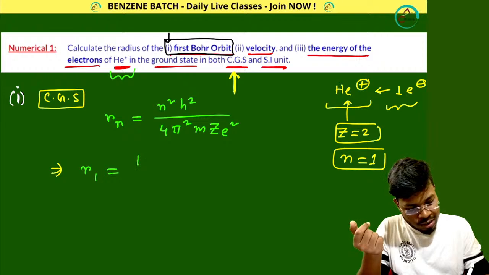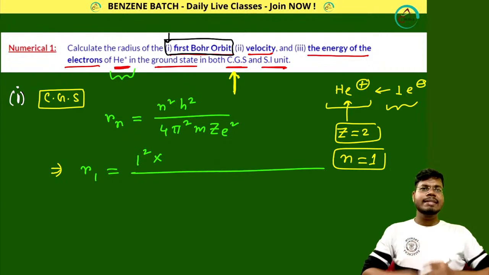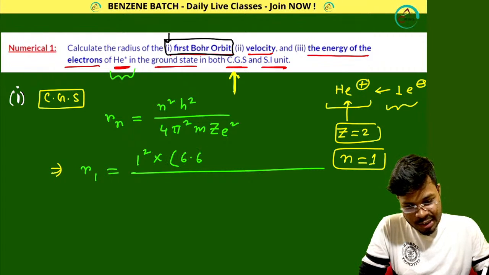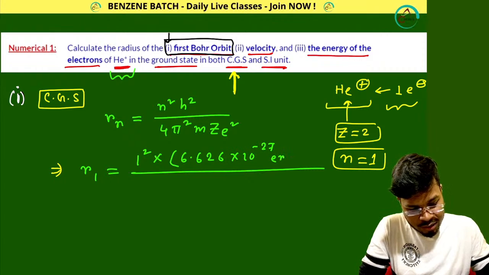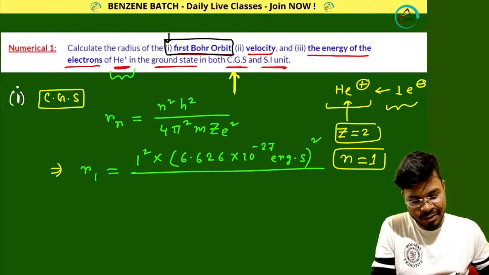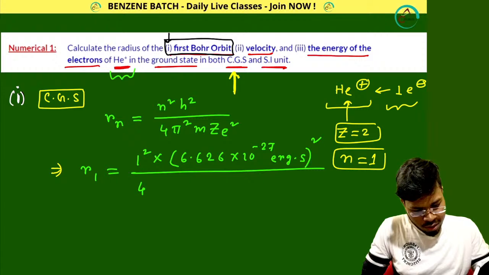R1 equals 1 square multiplied by, put the value of h. In CGS unit, what is the value of h? If you don't know, just write down 6.625 or 6.626 into 10 to the power minus 27 erg multiplied by second, and square of this. Now 4 pi value is 3.14 square.